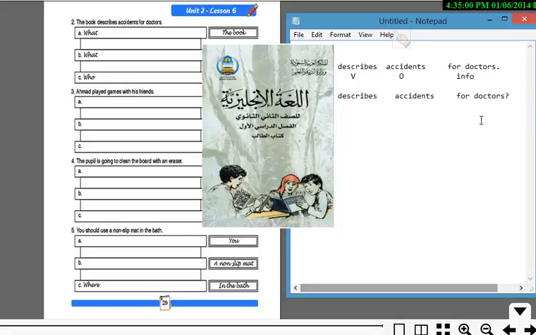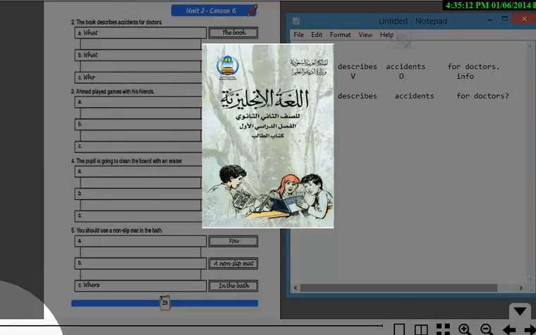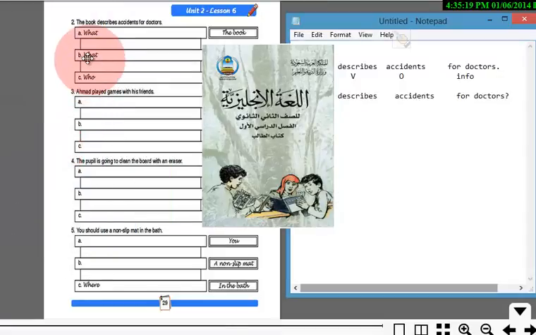Now with B, we're going to focus on describing accidents. As you see here, accidents. Okay, so let me just try to point things out for you here. Oopsie, I don't know what's happening here on my computer. It's just going crazy. All right. So we're focusing here on what, using the question word what, and we're focusing on accidents.